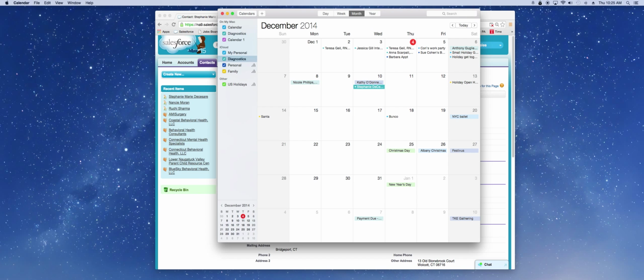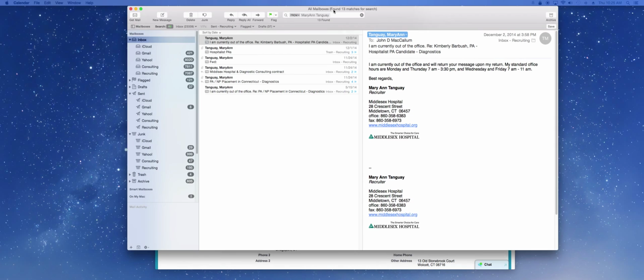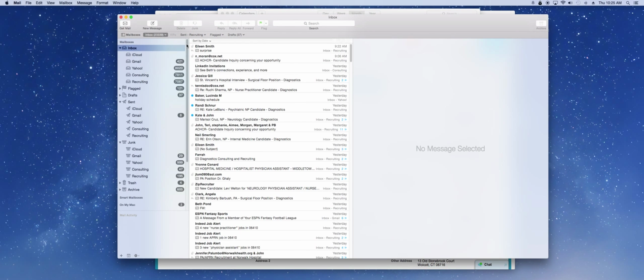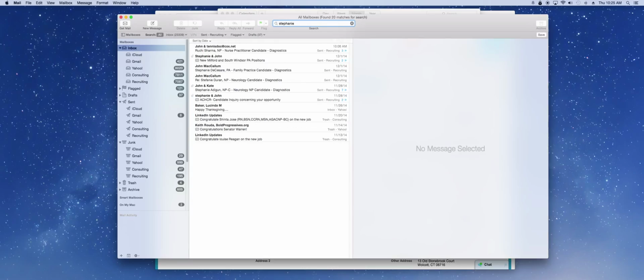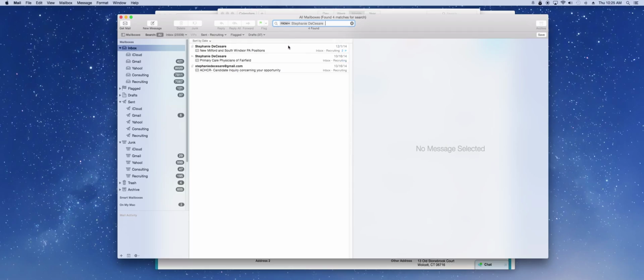The next step is that I'm going to follow up with Stephanie because I want to make sure that she's 100% clear on where she's going and who she's going to be meeting with. So there's a couple things that I'm going to do. I'm first going to look her up to make sure that I have, yep, that's her right there.